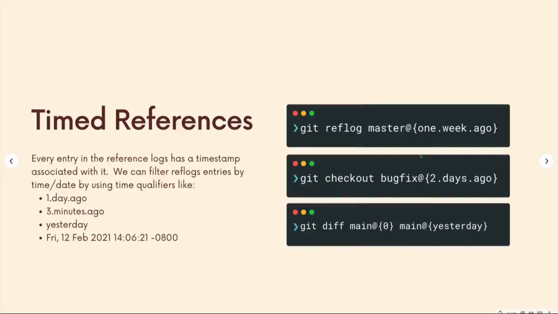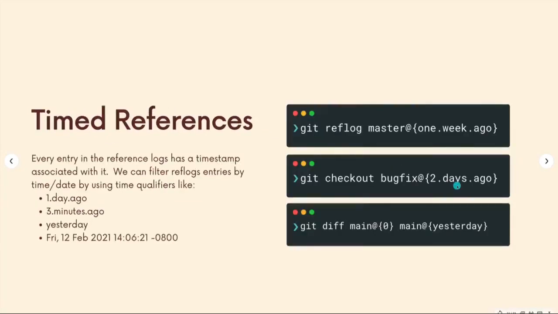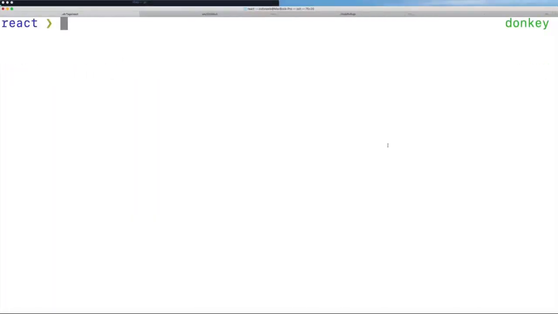Okay, so I can use this syntax in place of what we've seen here, where the qualifier is just a timed qualifier, and this definitely can be useful. Sometimes, if I want to just compare what something looked like, let's just take the master branch right now, today, compared to what it was yesterday.